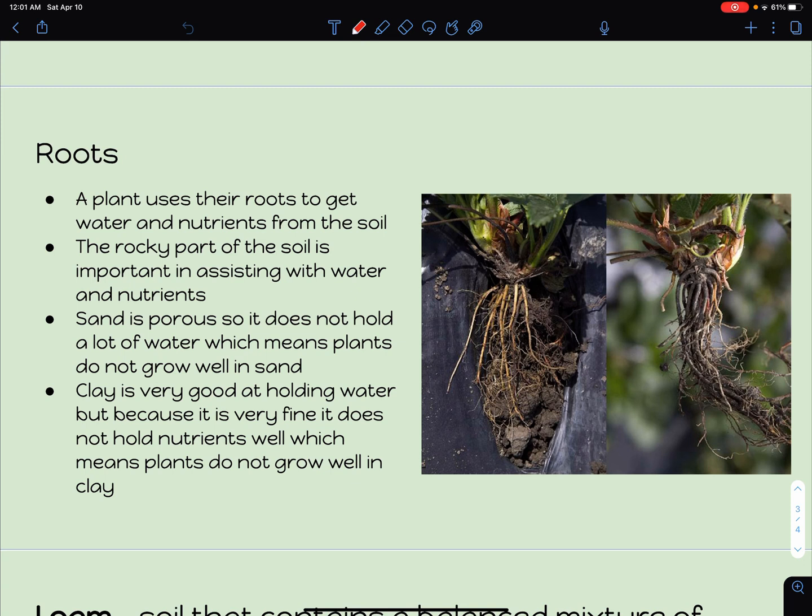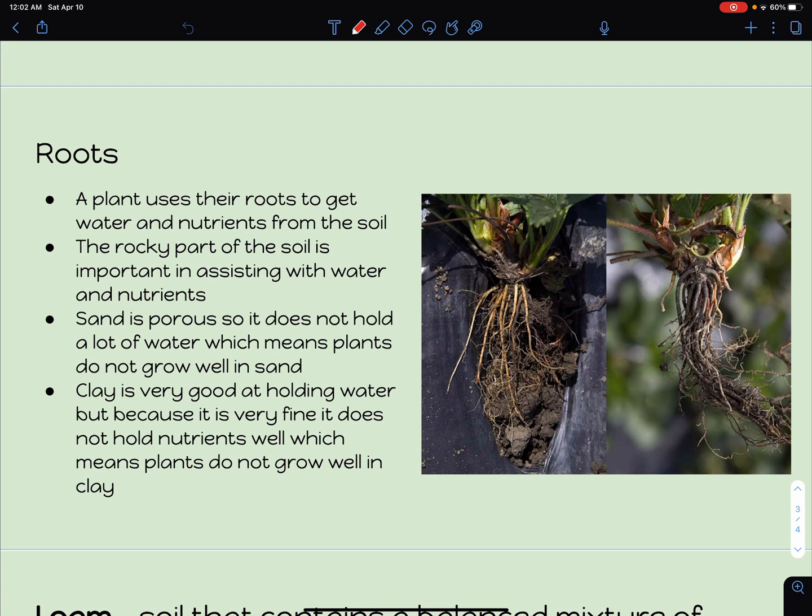We learned that the other day. And that's going to mean that plants don't grow well in the sand. Also, clay is very good at holding water, but it is also very fine, like we learned the other day, and so it doesn't hold nutrients very well, which means that just like sand, plants are not going to grow very well in only clay.